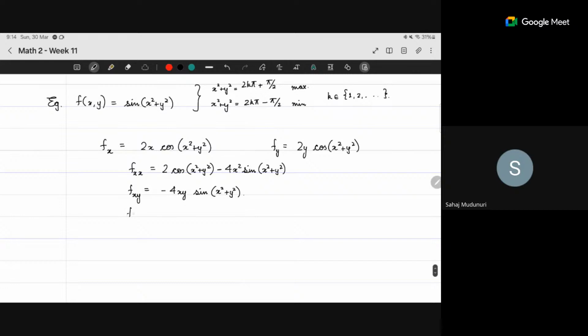All of this you can verify. For the mixed derivative, you don't need the product rule because x is a constant when differentiating with respect to y. So you get a symmetric solution: replace x with y and you should get the answer.